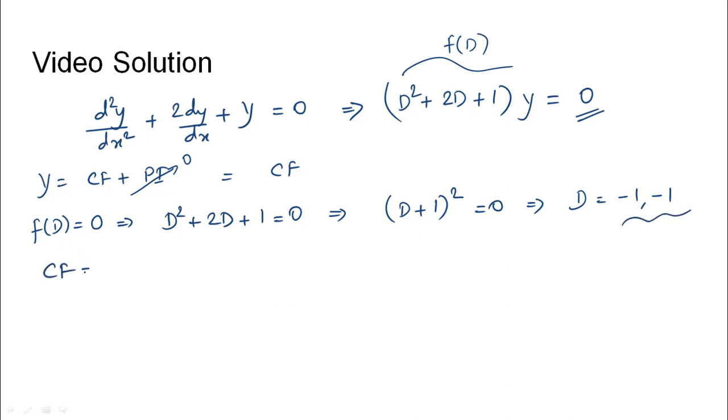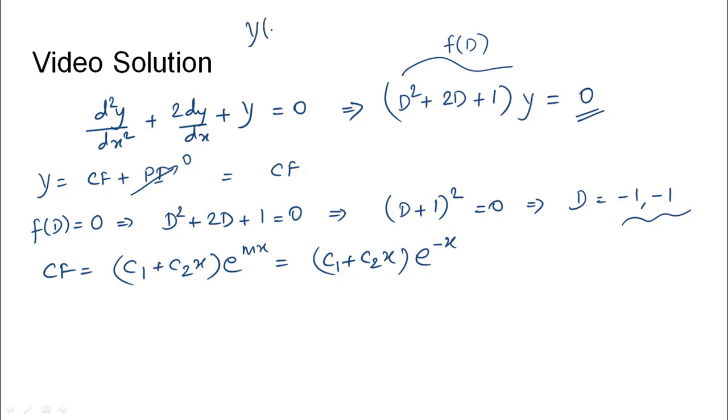So the complementary function will be c1 plus c2 into x into e to the power mx, where m is minus 1. Substituting the value of m, we get c1 plus c2x into e to the power minus x. We have been given boundary conditions in this problem, which are y(0) equals 1 and y'(0) equals minus 1. By substituting these boundary conditions, we can obtain the constants c1 and c2.